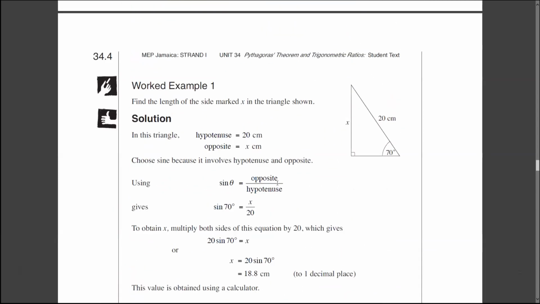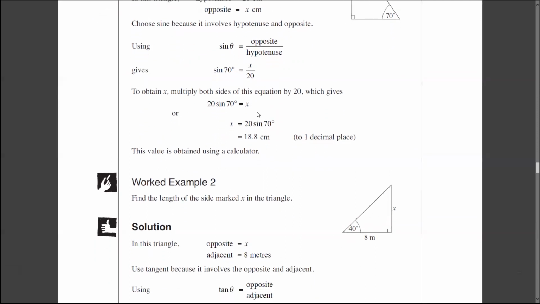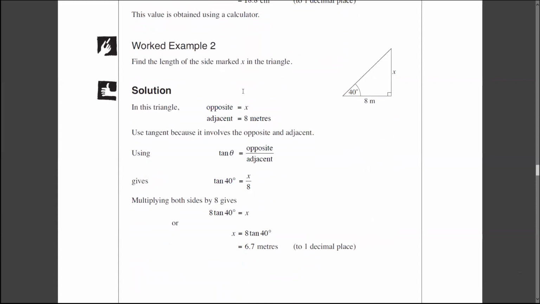And that's what I do here. So opposite is x, sine 70, and then the hypotenuse is 20. I said sine 30, I mean sine 70. So sine 70 is equal to the opposite over hypotenuse, and then solve for x by multiplying both sides by 20. And you're good.